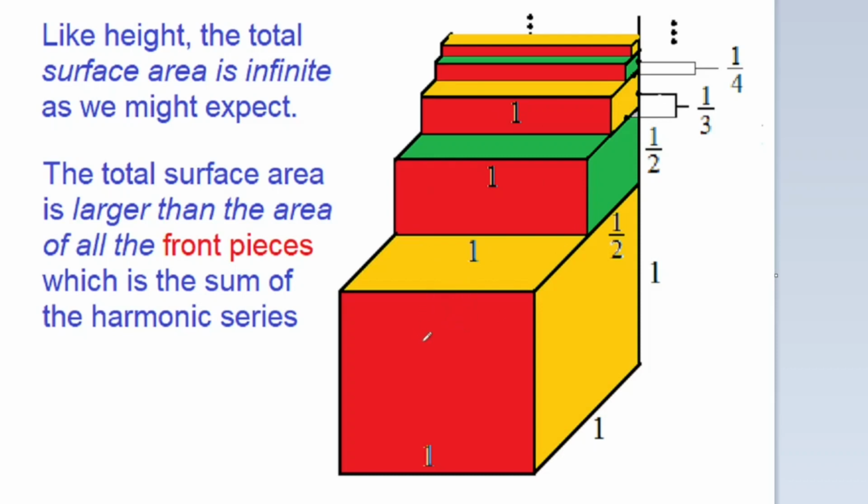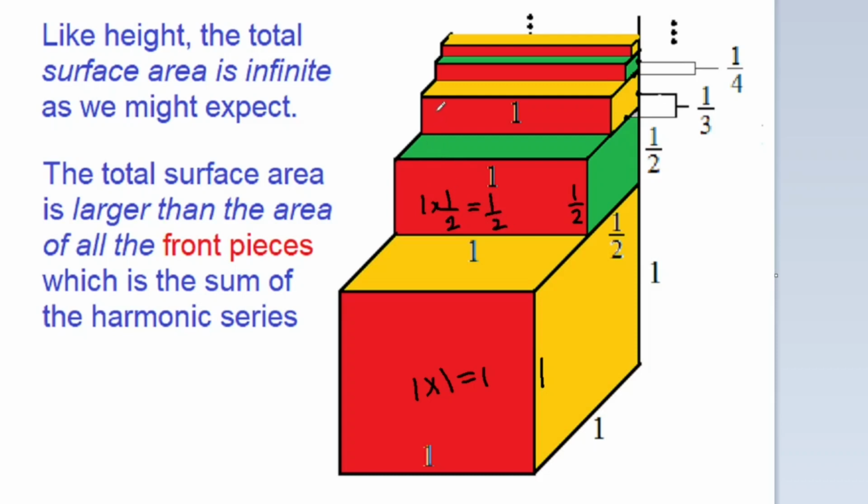With that in mind, let's take a look at the big red rectangle down here. Its area, because it has sides 1 and 1, is simply 1 times 1, which is equal to 1. The next rectangle has sides 1 and 1/2, so its area is 1 times 1/2, which is of course 1/2.